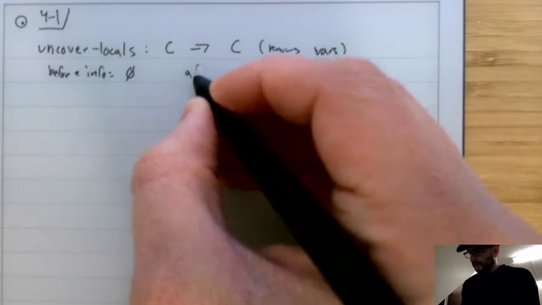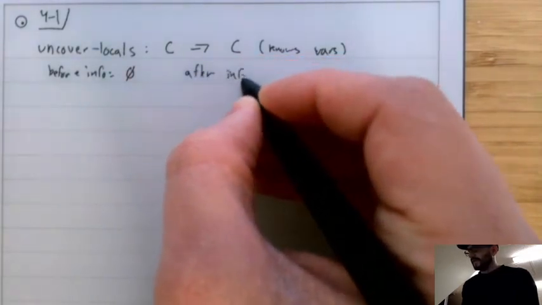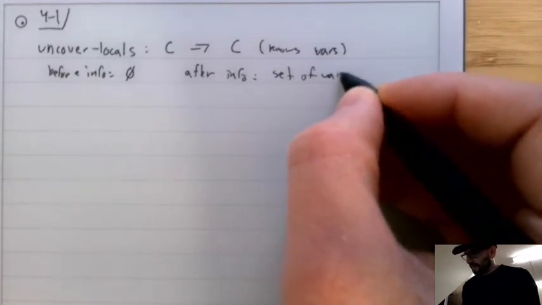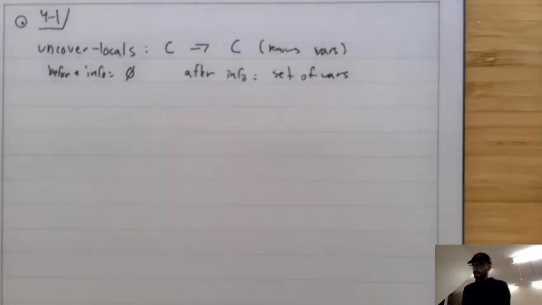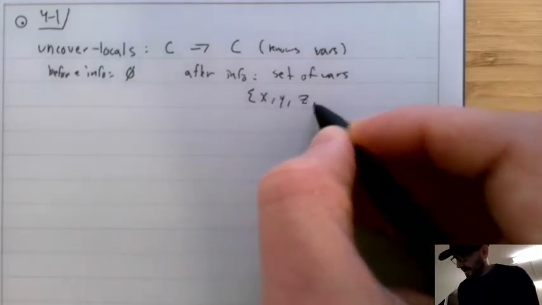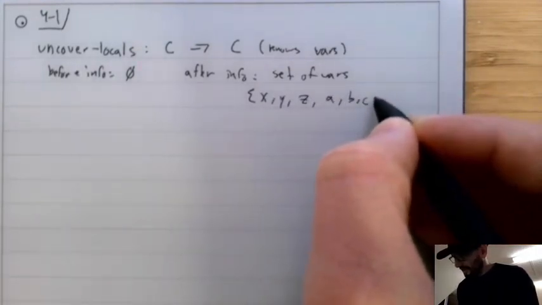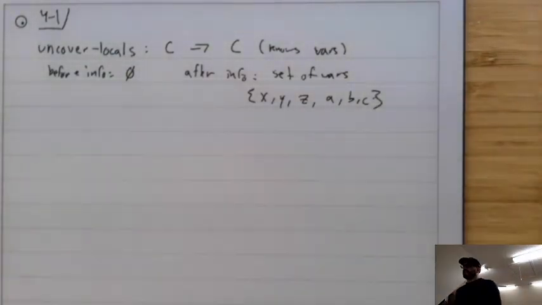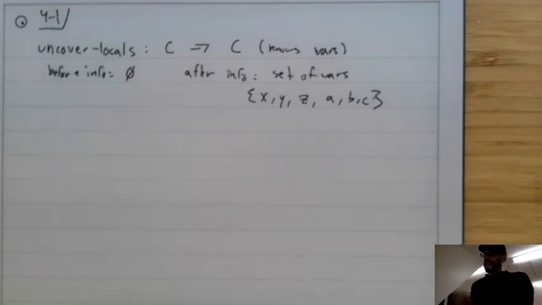And then after, the info field is going to be a set of variables. So for instance, it might be the set of variables X, Y, Z, A, B, C, and so on. It's quite straightforward, actually.